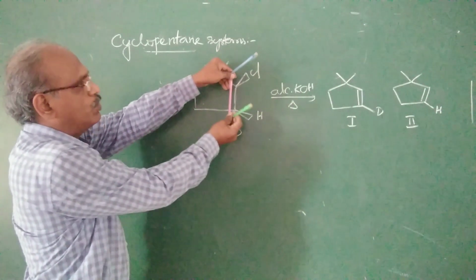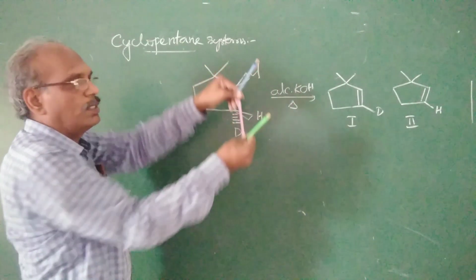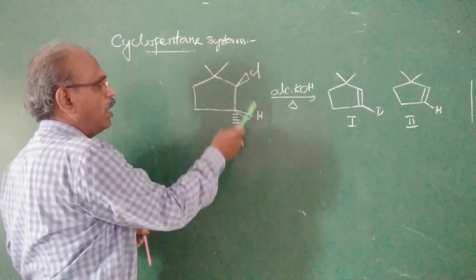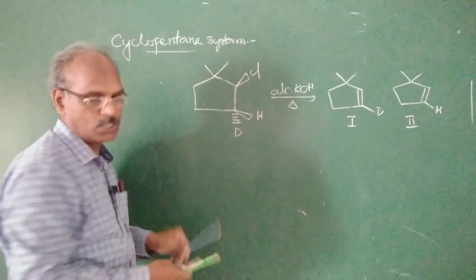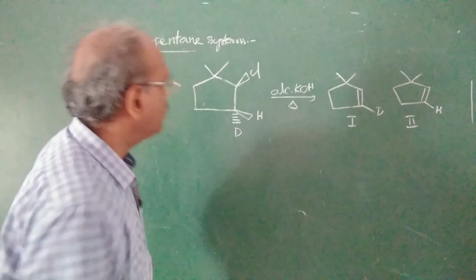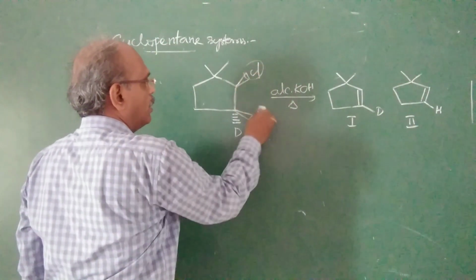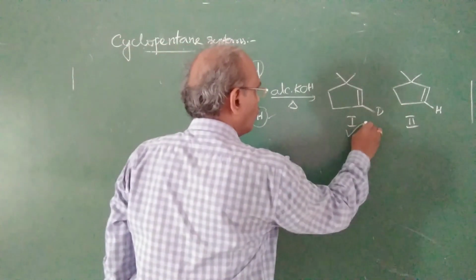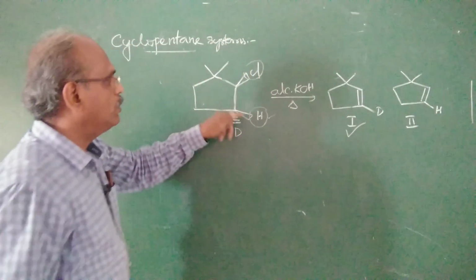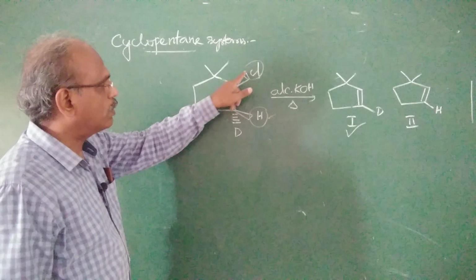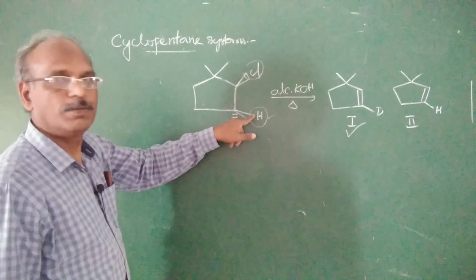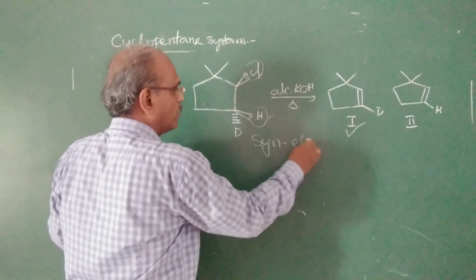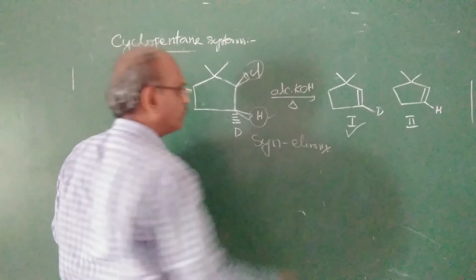They are projected above the plane in the same direction. So Cl and this H are coplanar, so loss of Cl and loss of hydrogen is possible. So here product 1 is correct. They are removed from the same side. This is syn elimination.